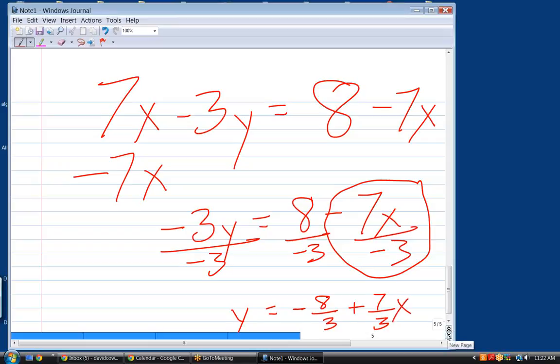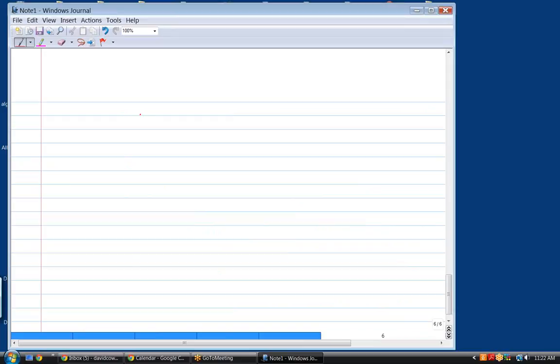Okay. Now let's talk about some of these things. First of all, this is the same as this, which is the same as this. Okay, so first of all, it doesn't matter where the negative sign goes. If it's negative, it can be in the numerator, the denominator, or out in front of the fraction.